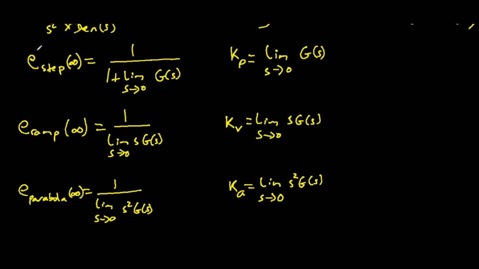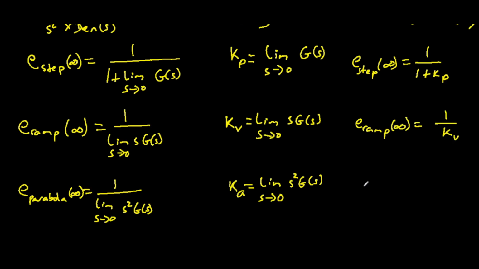But that means that we can now represent the steady state error for a step input simply as 1 over 1 plus Kp, which is a very simple expression to write. And E for a ramp input, the steady state error given a ramp input, will be given as 1 over Kv.